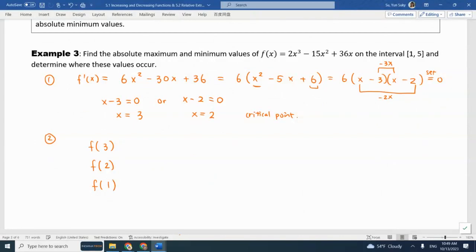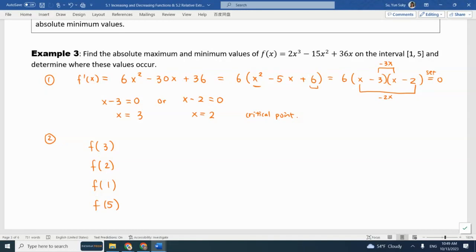By the way, if this were -3 instead of 3, do we count the -3? No, because we're looking at the interval from 1 to 5. If -3 is not in there, then you don't look at it. You only look at the endpoints and the critical points that lie inside the interval. Is that clear, everybody? Mm-hmm.